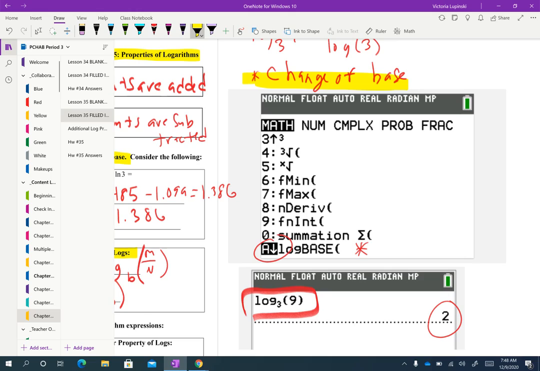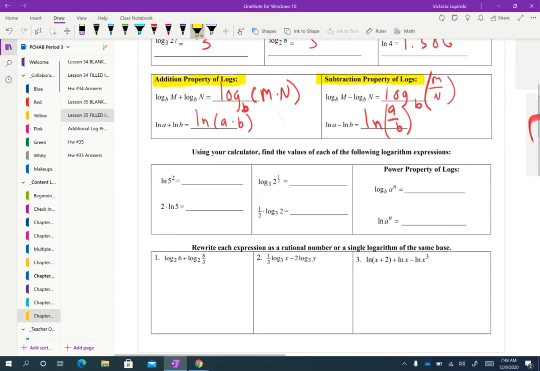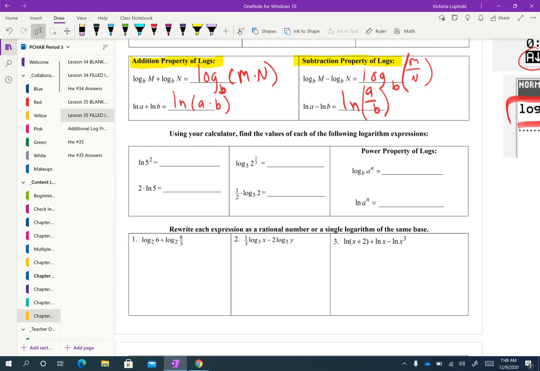So keeping that in mind, we would actually need those calculations in order to help us find the third property of logs, which is called the power property. So we would have to use our calculator for these examples since they are not things that we know. So if I was to find the ln of 5 squared, and keep in mind you could also find the ln of 25, since 5 squared is equal to 25, so those would obviously be equivalent.